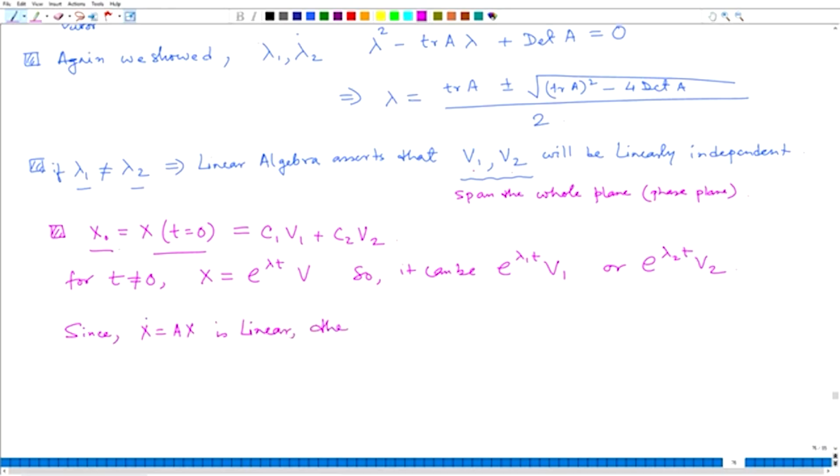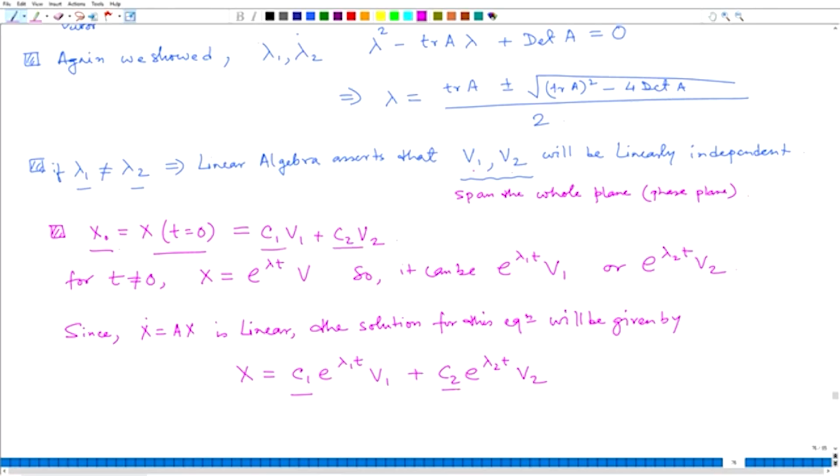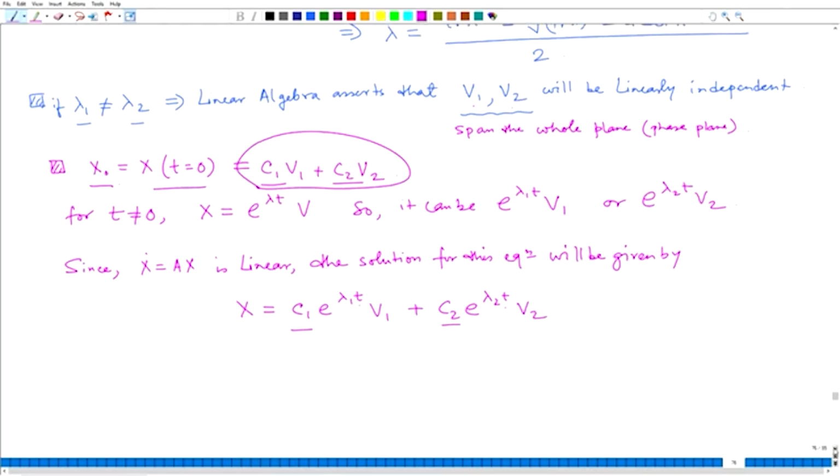So the solution for this equation will be given by x equal to C1 e to the power lambda 1 t V1 plus C2 e to the power lambda 2 t V2, and here I have chosen this C1 and C2 exactly equal to the earlier C1 and C2, so that if you now write t is equal to 0, you can get back this expression for x0. And this is the general solution of x.